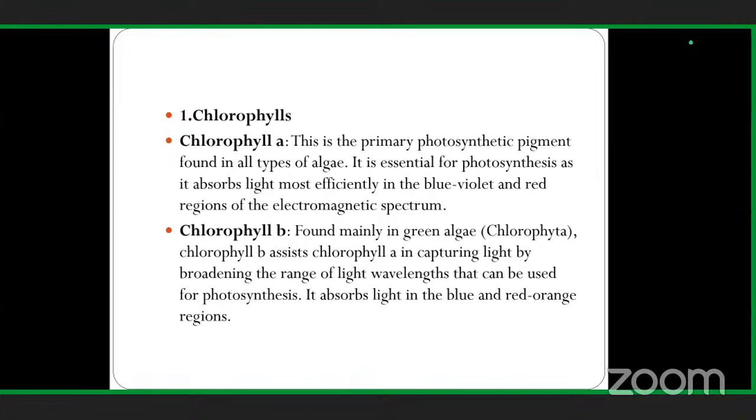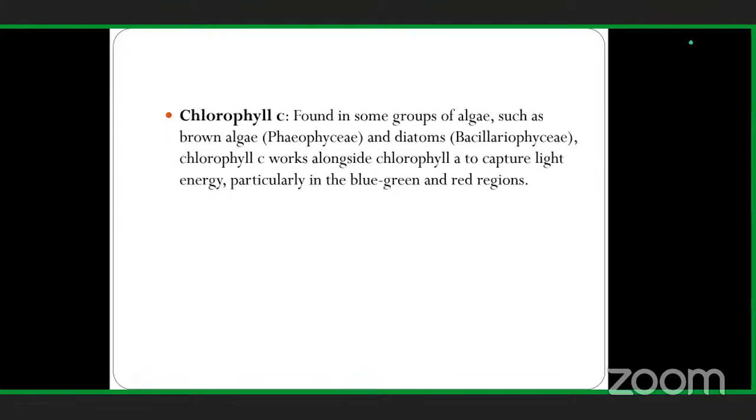The main pigment is chlorophyll A, and chlorophyll B will assist chlorophyll A. The last one is chlorophyll C, found in some groups of algae such as brown algae, that is phaeophyceae, and diatoms, that is bacillariophyceae. Chlorophyll C also works like chlorophyll B. It assists chlorophyll A to capture light energy, particularly in the blue, green, and red regions.